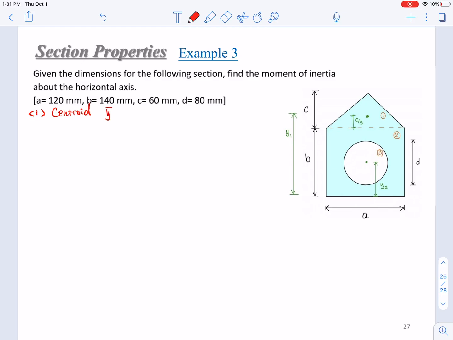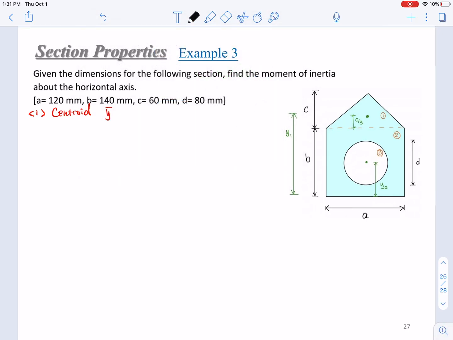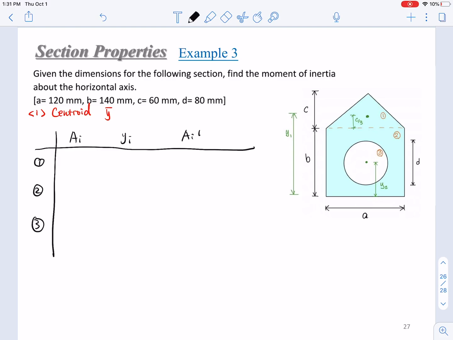Okay, so let's start from a table. We have area 1, area 2, area 3. For each of them, we're determining area, their y values, and then Ai yi. Right. So for area 1, what is the area? The subsection 1, what is the area?